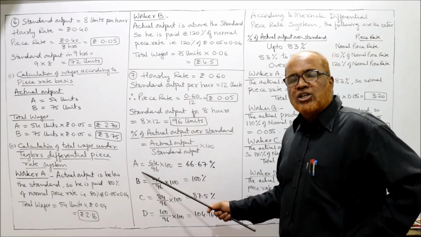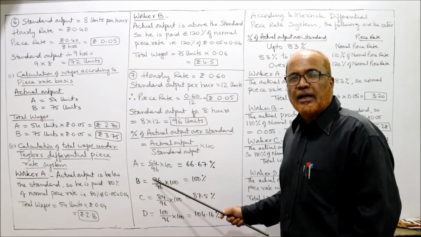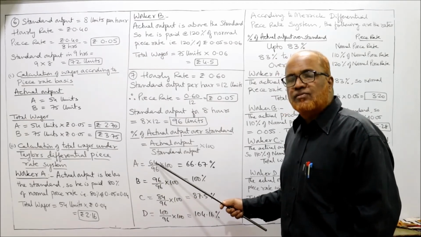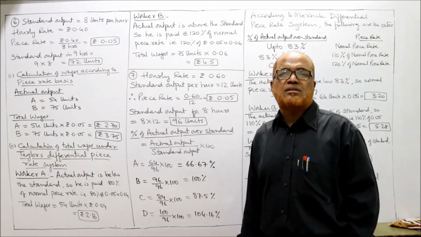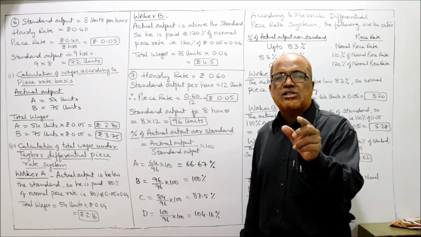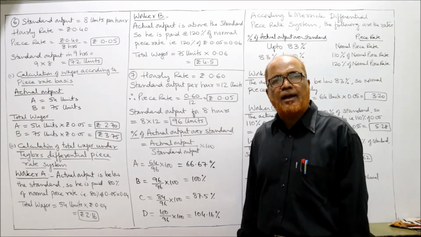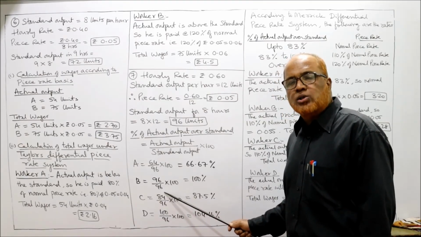A. The actual output for A is 64 units given in the problem. Standard output 96. So 64 by 96 into 100, you will get 66.67%. So actual output over standard is 66.67% for worker A. Worker B, actual output 96. Standard output also 96.